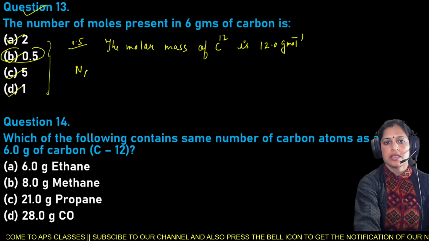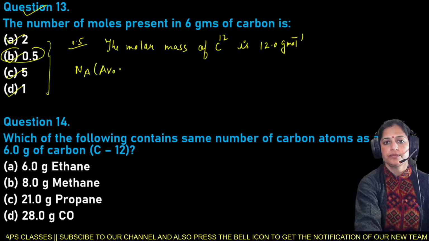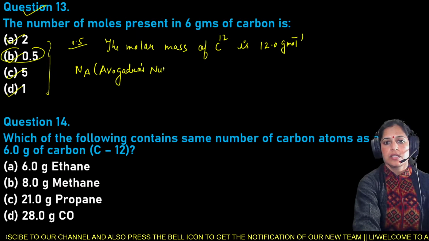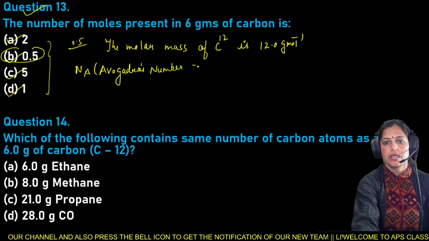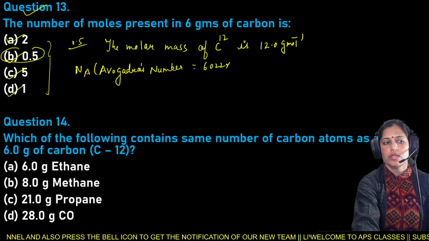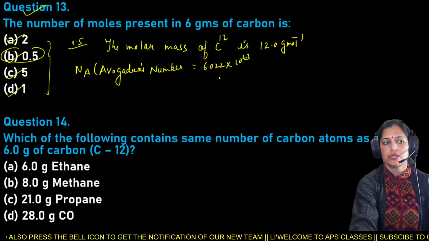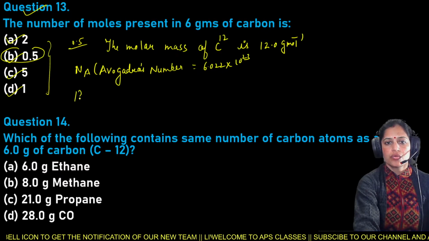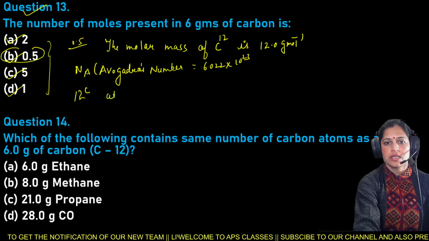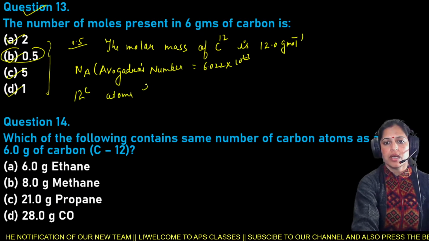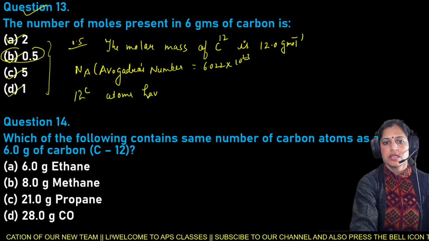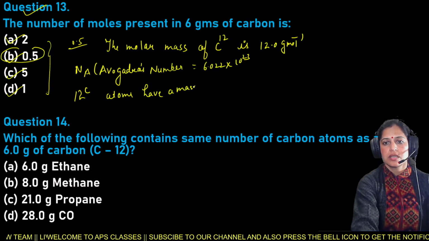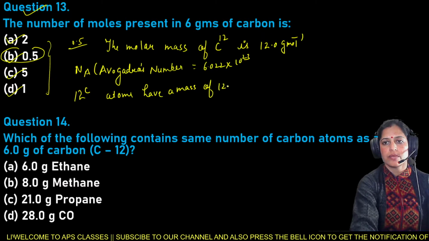Na, that is Avogadro's number, is 6.022 into 10 raised to power 23. So 12 carbon atoms have a mass of 12.0 grams.